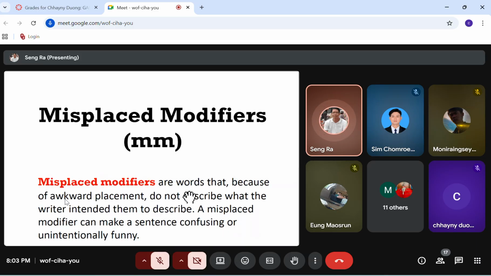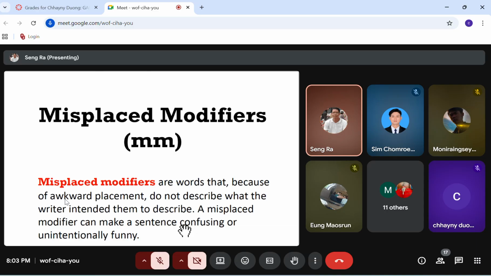Misplaced modifiers are words that, because of the awkward placement, do not describe what the writer intended them to describe. A misplaced modifier can make a sentence confusing or unintentionally funny. Sometimes you don't really communicate what you intended to communicate.